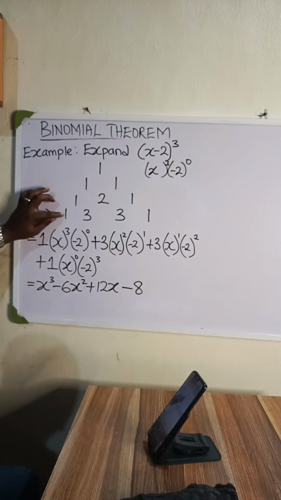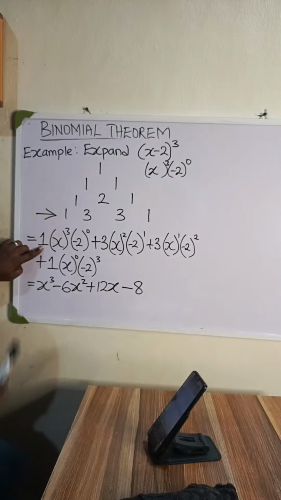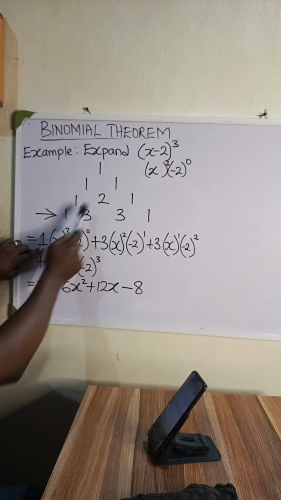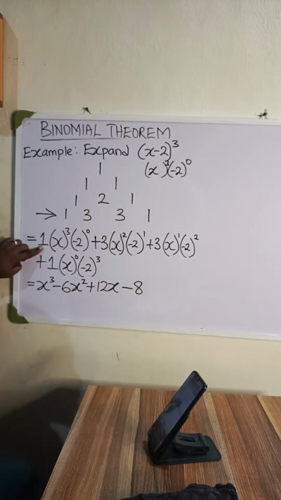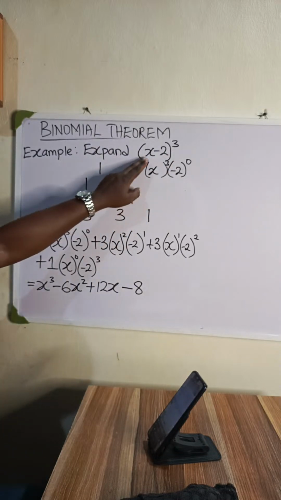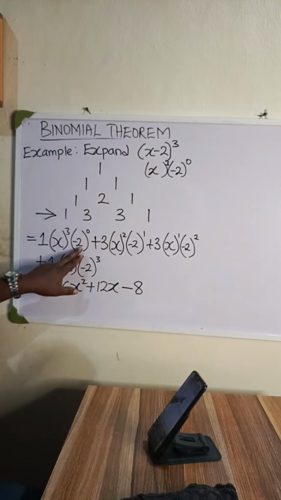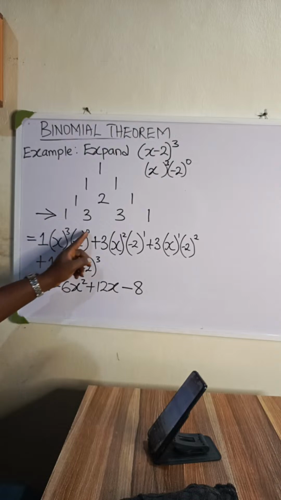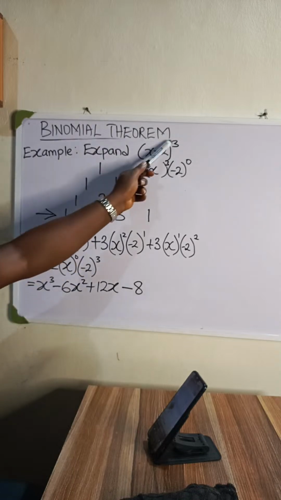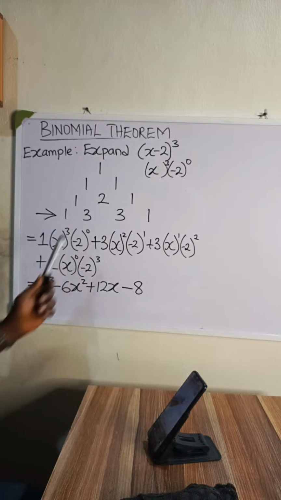So we pick 1, here we have 1, and then x to the power of 3. The exponent there, we are going to give it to the first term. And then the second term, we have no exponent, 0 exponent, because the sum of the two exponents must be the same as 3. So 3 plus 0 is 3.